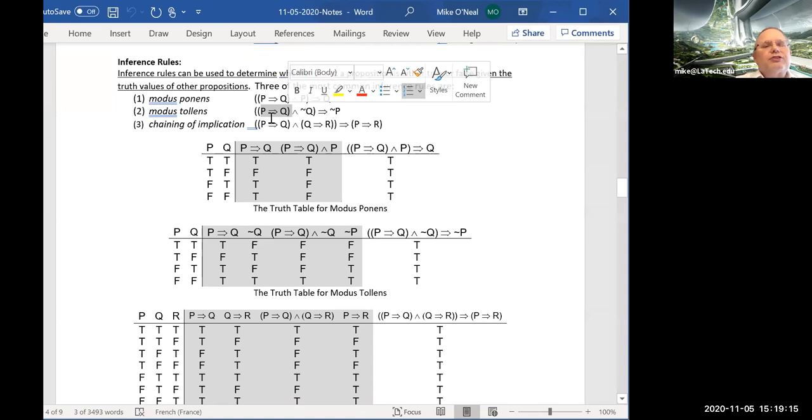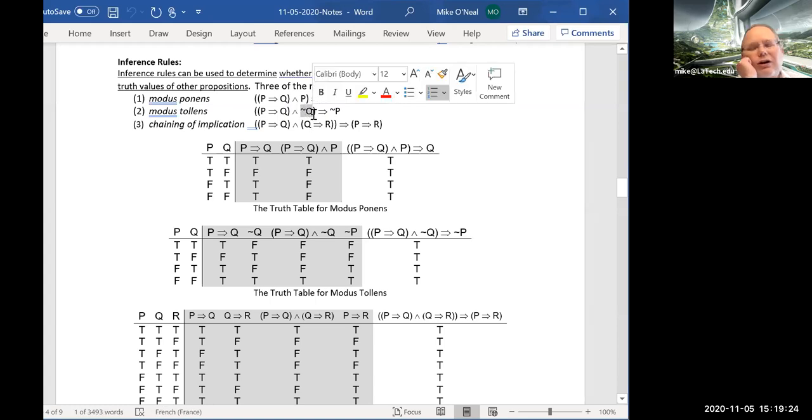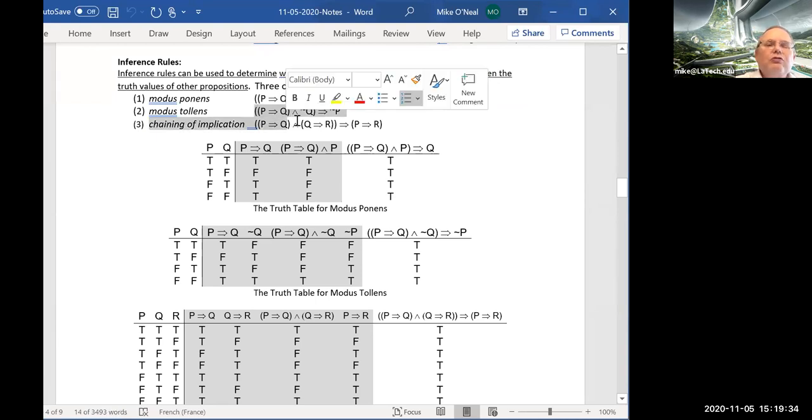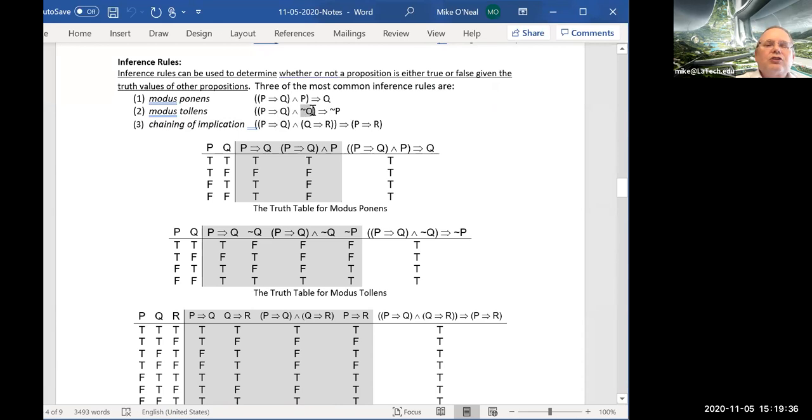But let's say I know that this statement is true, that when Josh is at home, he's playing Halo. But let's say I also know that Josh is not playing Halo right now. How could both of these sentences be true? The only way those two could be consistent is for what?